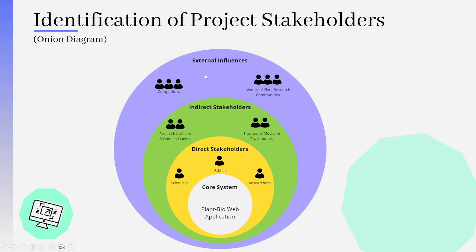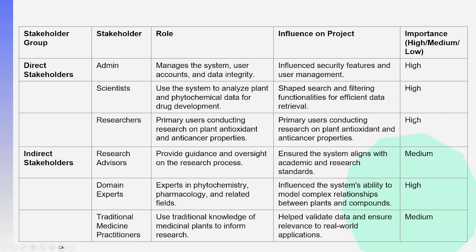These include the competitors and the medicinal plant research communities who ensure the system meets regulatory standards and aligns with broader research goals. So each stakeholder group has played a role in shaping the development of this project.